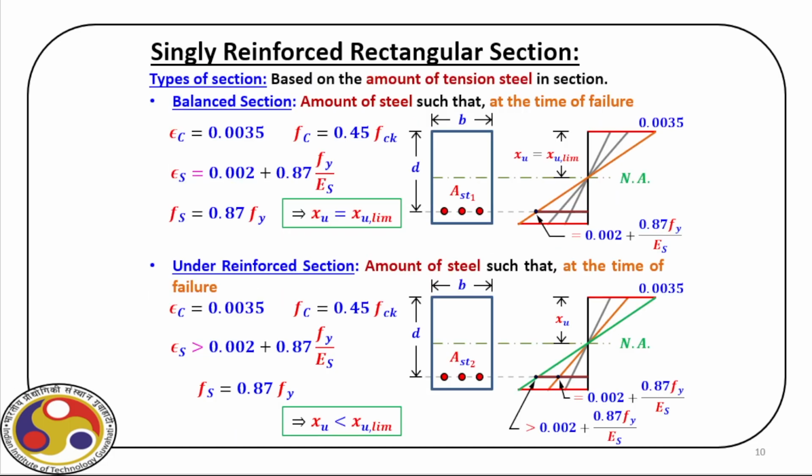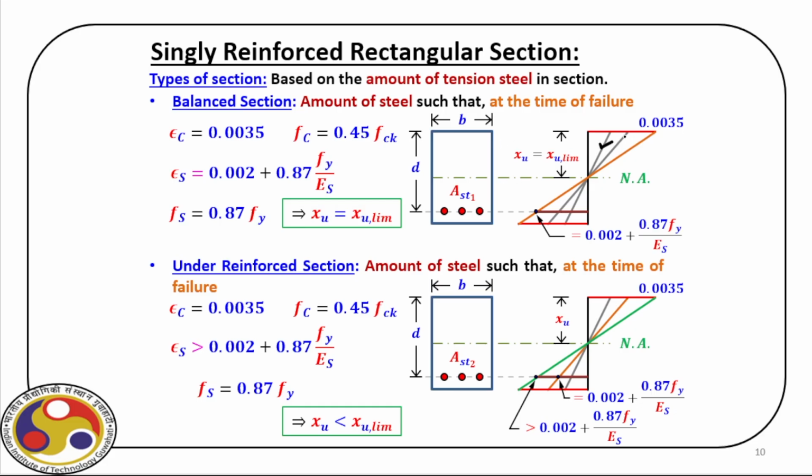Now, as I have already discussed, there are two types of section. First, we started with the balanced section, and then we have an under-reinforced section. Now, for the balanced section, again, let me repeat, we start initially applying some stress. So we start from here.